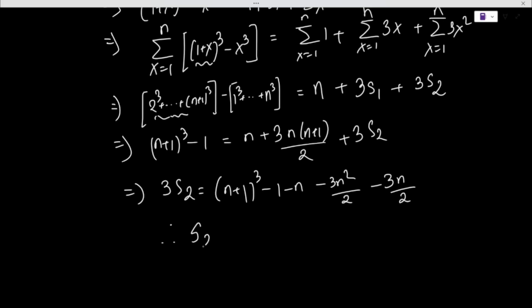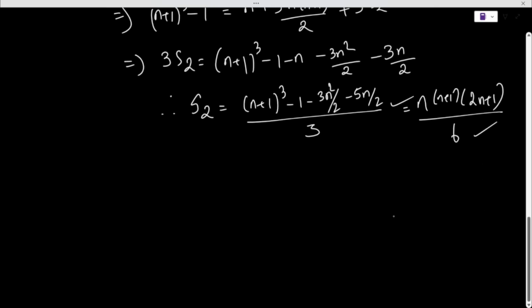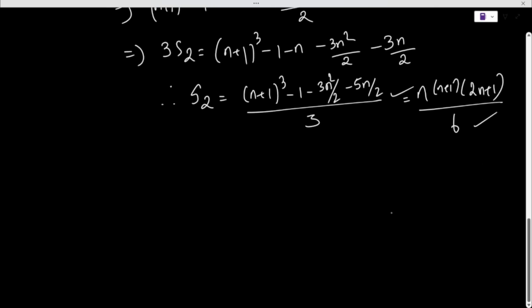And therefore, s2 should be equal to n plus 1 whole cube minus 1 minus 3n square by 2, and this is minus 5n by 2, and this is all whole divided by 3. I'm not going to simplify this, but if you simplify this out, you will get the required factorization, which is n into n plus 1 into 2n plus 1 whole divided by 6, right? So now you know that S2 is this.